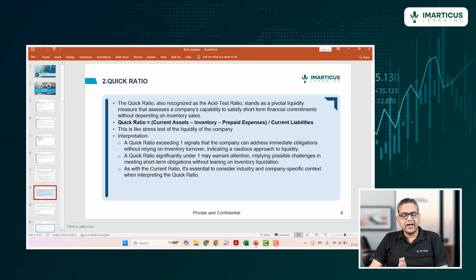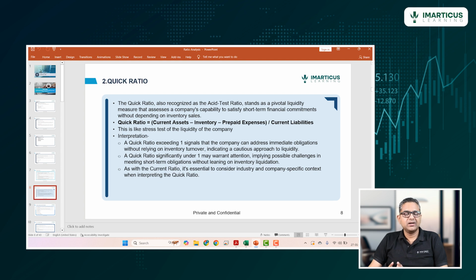But again, as I said for the current ratio, we need to look at ratios against the industry standard. What is the industry benchmark? For a paints industry, the benchmark of liquidity ratios can be different from an automobile industry, a telecom industry, or an FMCG industry.